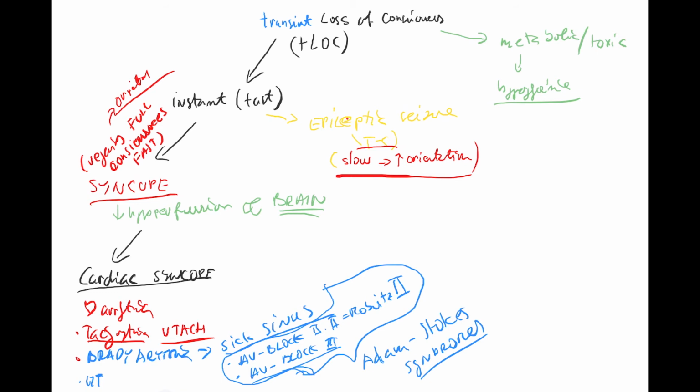By the way, cardiac causes are about 15% of all syncopes. Now the syncopes that are not heart related mean that the heart is okay, the pump is working fine.